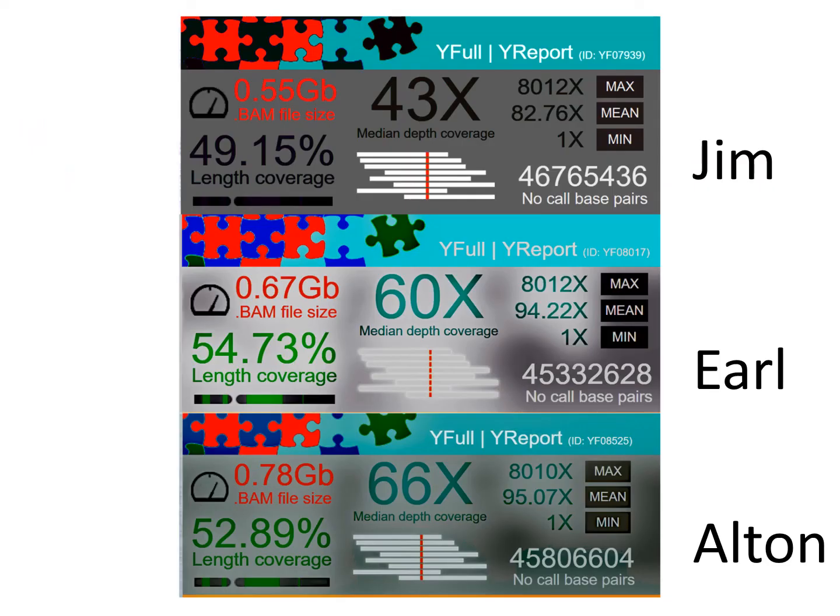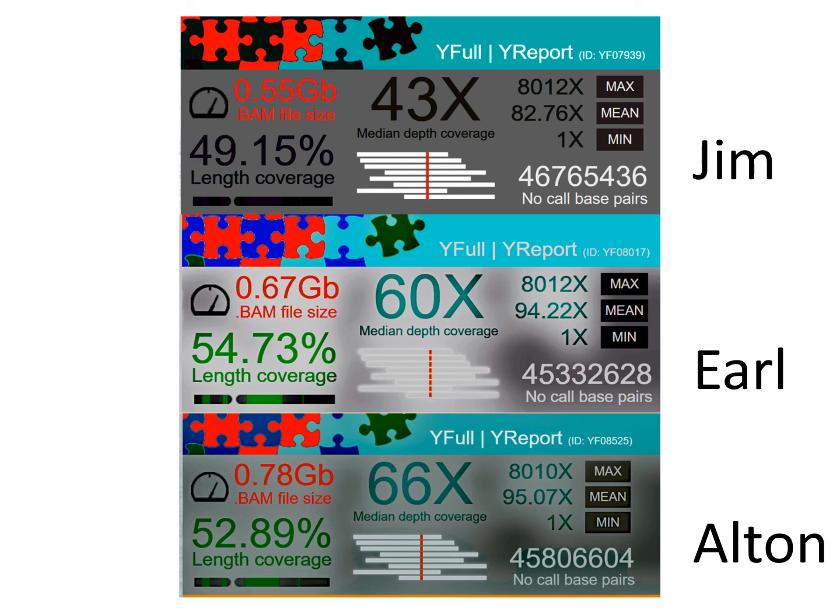And just to throw a little confusion in here, here's the results from three of the tests. And the question you're asking as you do these new tests is, how well did the test do? What did it find? What kind of accuracy? You'll see on the left column, the first box with a blue top on it says it got 0.55 gigabyte of data.